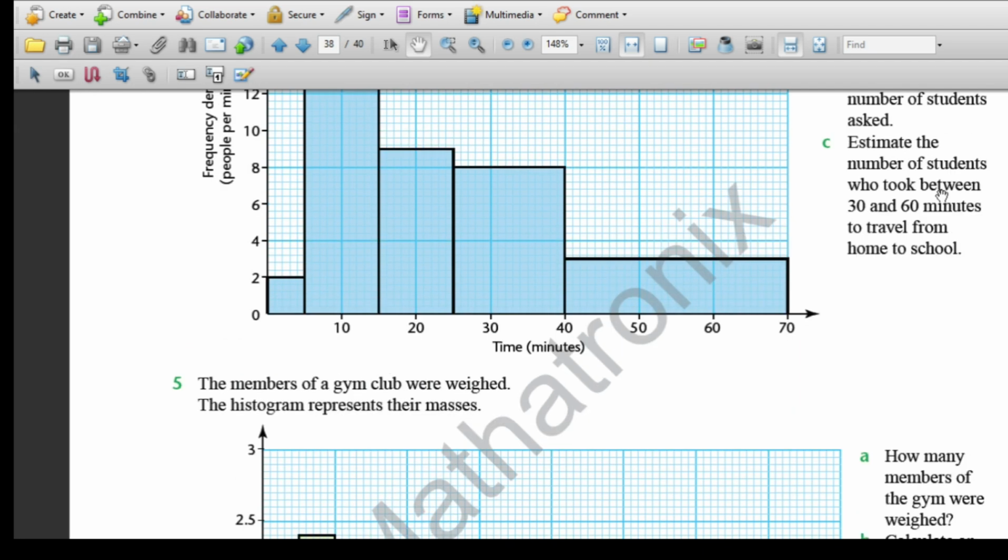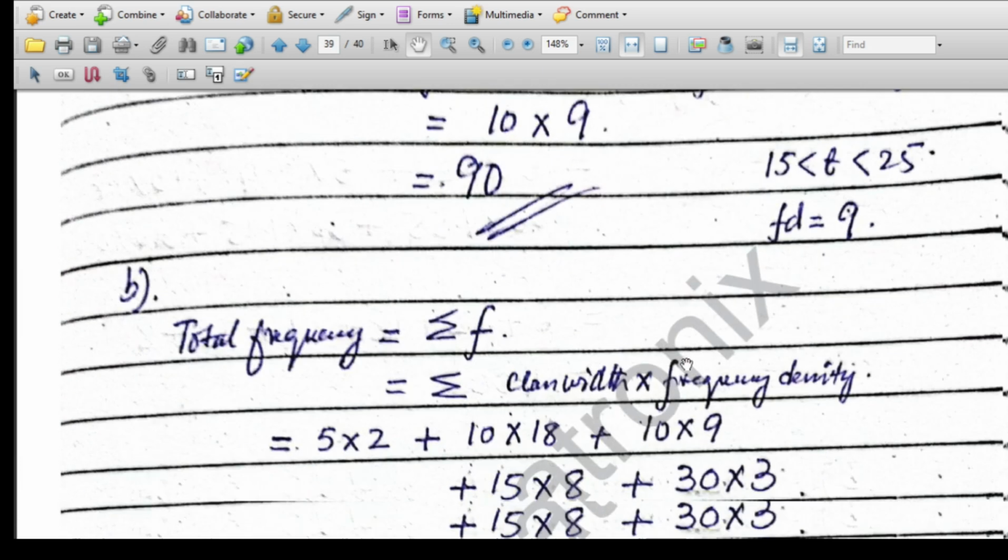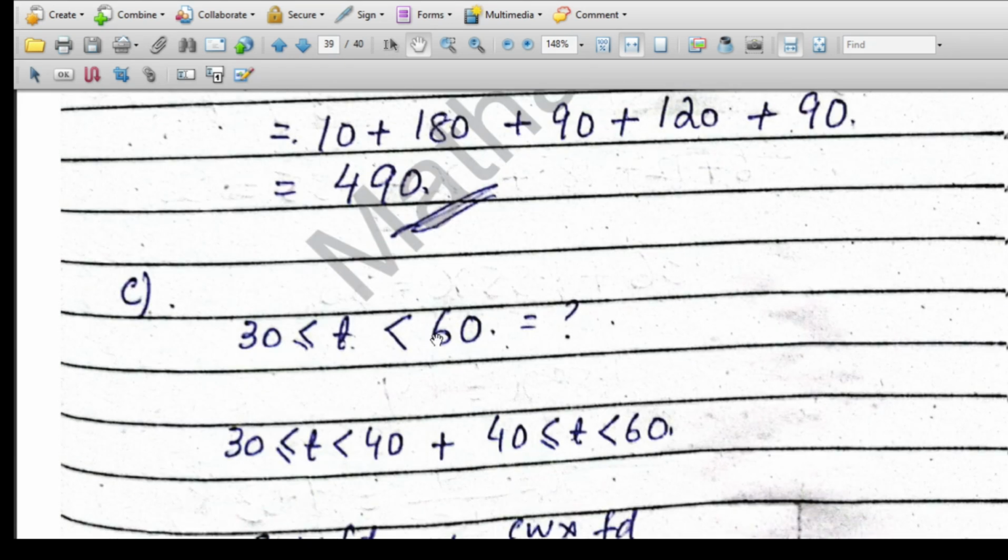Estimate the number of students who took between 30 and 60 minutes. So from 30 to 60 minutes, we take this band and this band. From 30 to 60 we have 2 intervals, 30 to 40 and then 40 to 60.